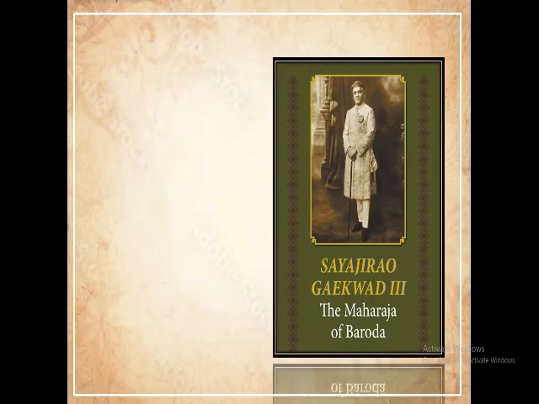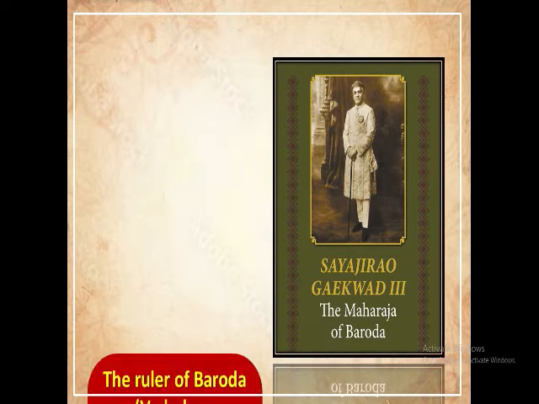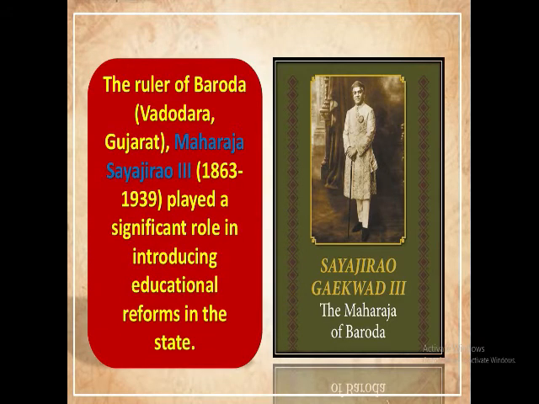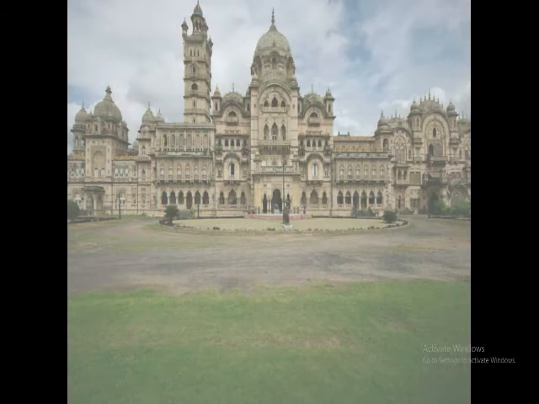The next person is from Baroda, that means Sayajirao Gaekwad III, the Maharaja of Baroda. The ruler of Baroda, Vadodara, Gujarat, Maharaja Sayajirao III, his period was 1863 to 1939. He played a significant role in introducing educational reforms in the state.